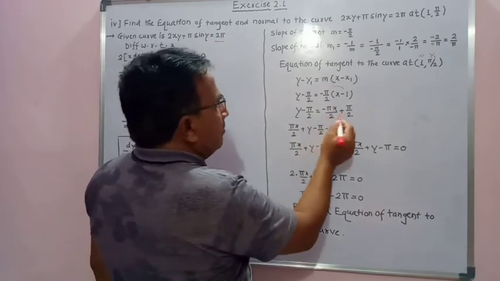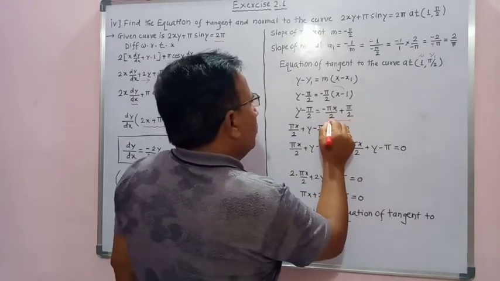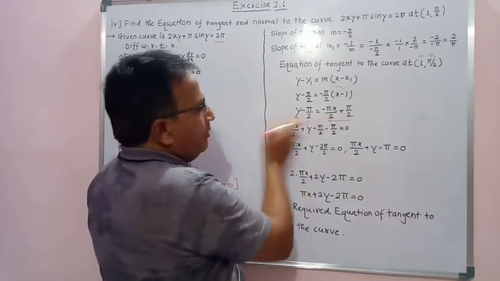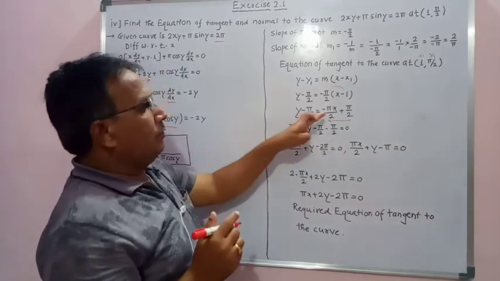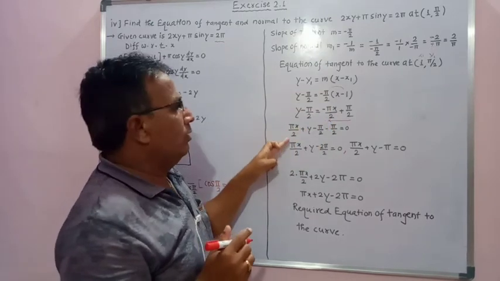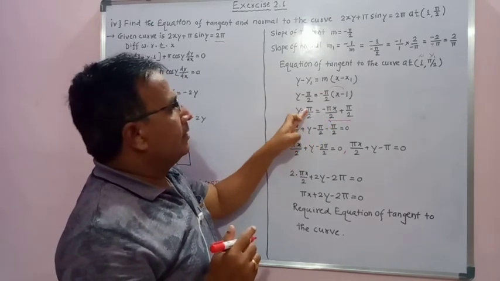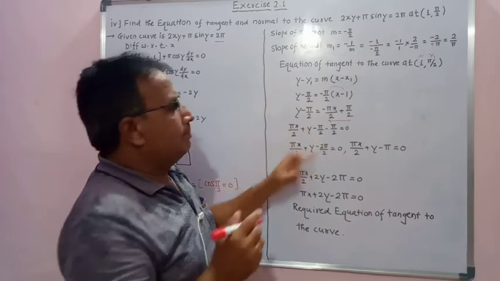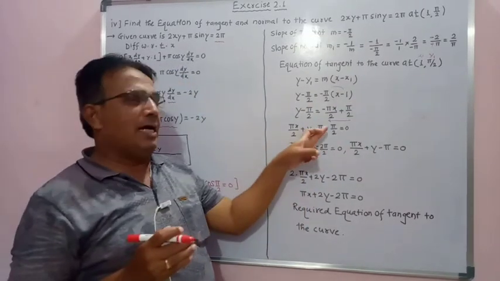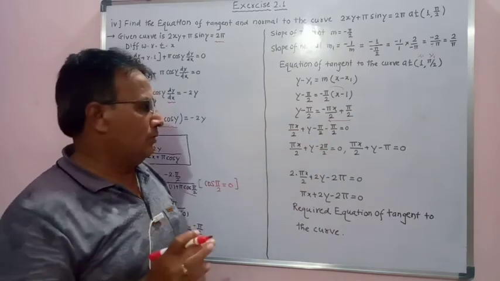Therefore, transposing minus pi by 2 into x and plus pi by 2 to the left side: minus pi x divided by 2 becomes plus pi x divided by 2, plus y as it is, and this minus pi by 2 as it is, and the plus pi by 2 transposed to the left side is minus pi by 2, equal to 0.